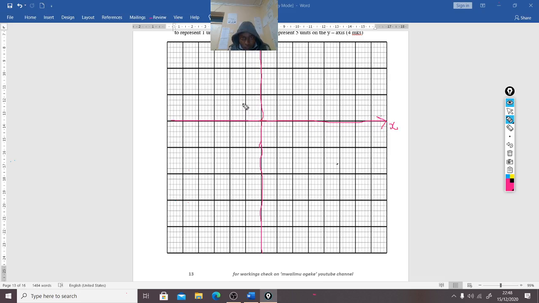So if I talk of 10 now, positive, 20, and then 30, negative 10, that is negative 10, negative 20, negative 30, negative 40, then negative 50.